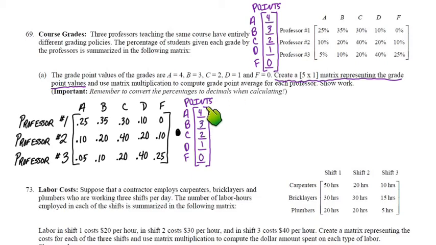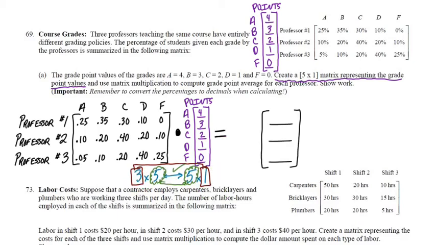It's important that you get the order correct here, because if you switch the order, the multiplication wouldn't work. The professor matrix is a 3x5, 3 rows by 5 columns, and our GPA matrix is a 5x1. So if you do this matrix times this matrix in order, the inside numbers match and we'll be okay. But if you switch that, we'd be in trouble. The new matrix is going to be a 3x1. It's the outside numbers that tell you.